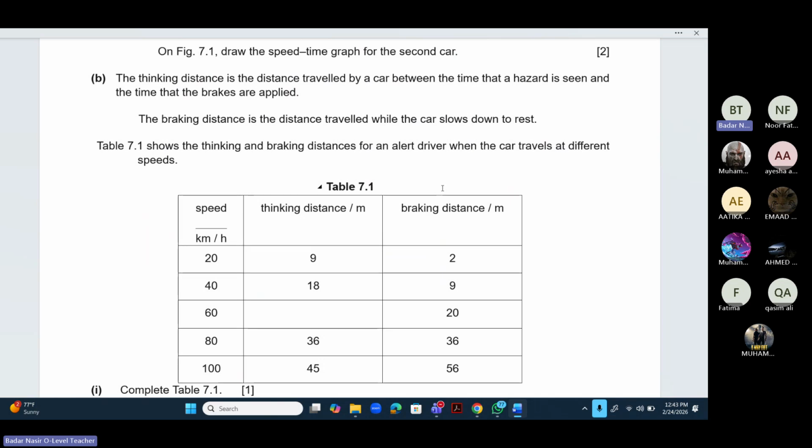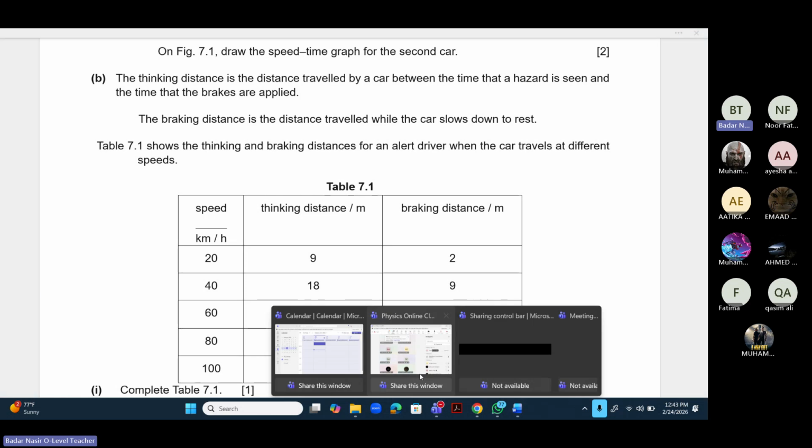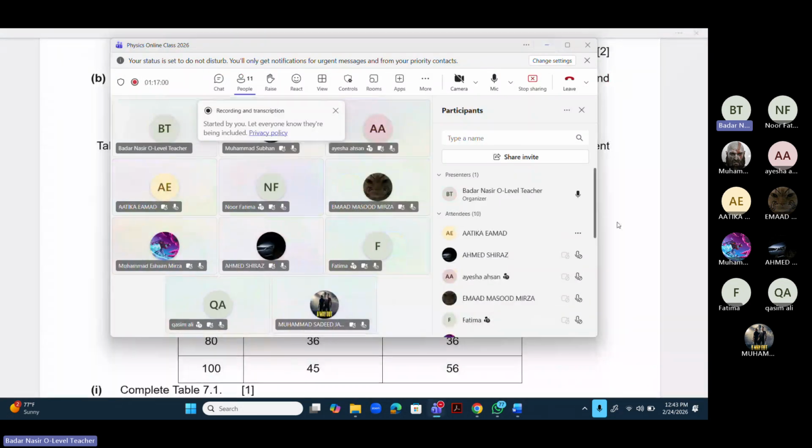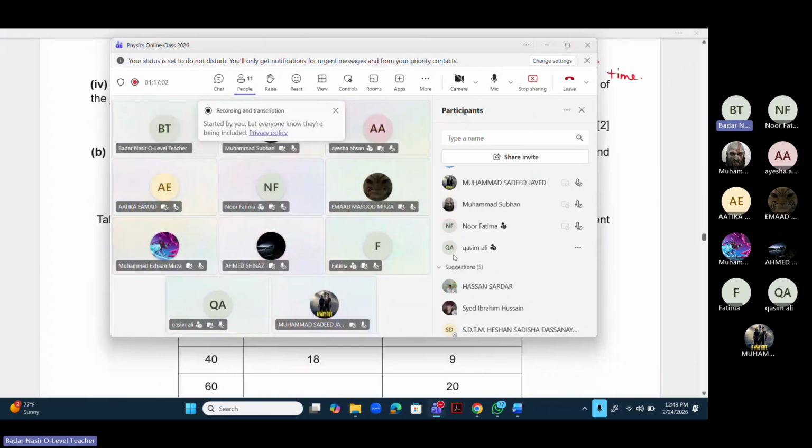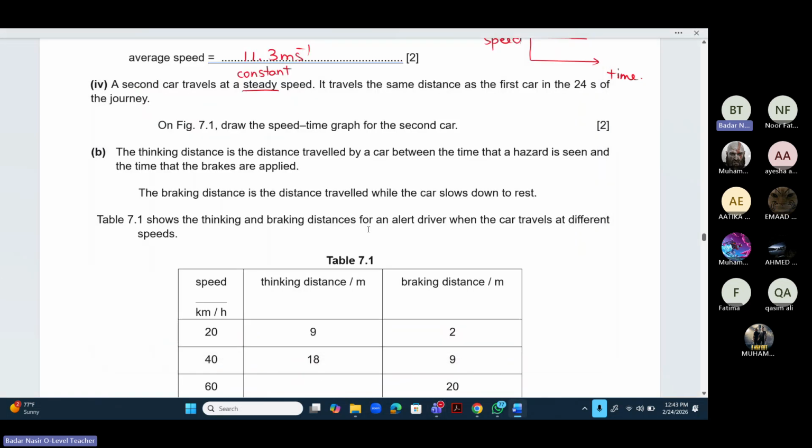Table 7.1 shows the thinking and braking distances for an alert driver when the car travels at different speeds.